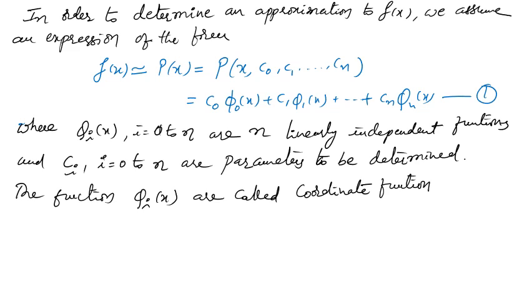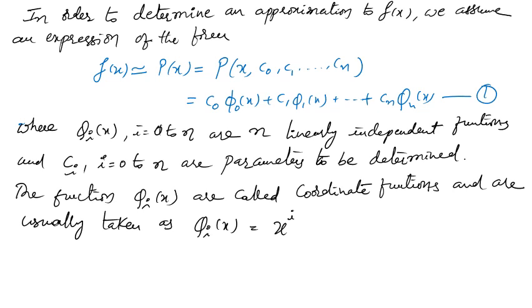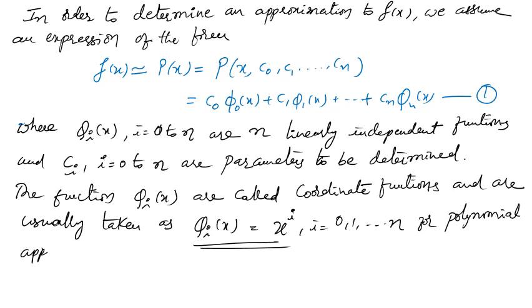Sometimes these are also called shape functions, and are usually taken as phi i of x equal to x to the power of i, where i equal to 0 to n. This approximation is for polynomial approximation only, not any other function. Polynomial approximation.